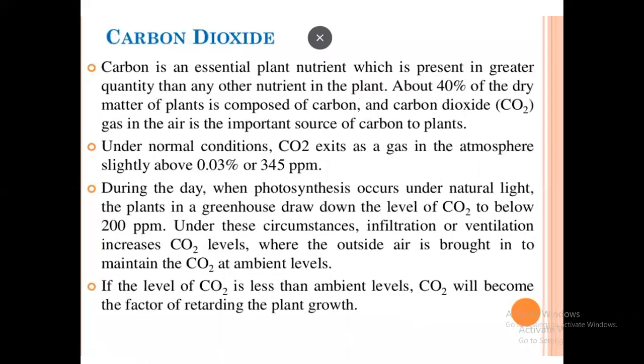Then carbon dioxide. How is the carbon dioxide concentration useful in greenhouse structures?